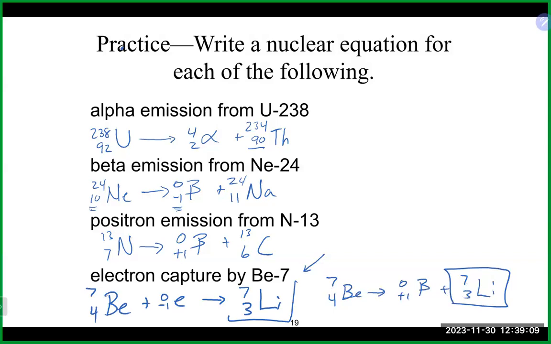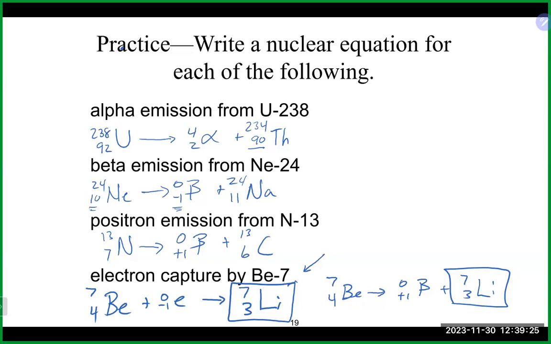You will end up with the same product. So that's why you have an option of two there. You could do an electron capture or a positron emission. They both will end you with basically the same product at the end, so you could do either one.